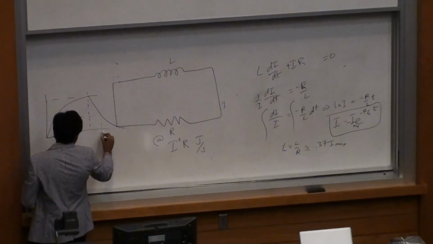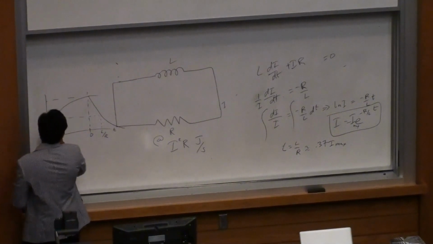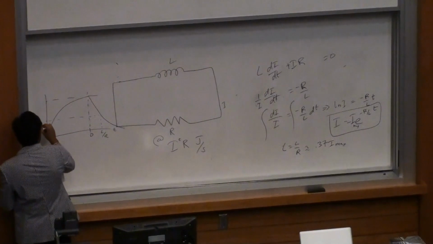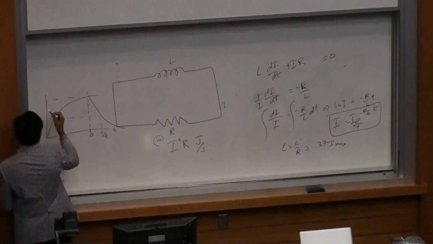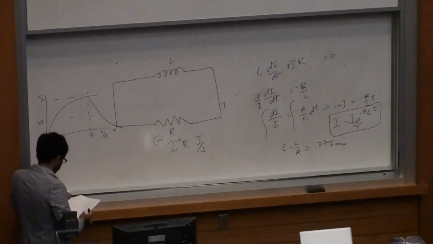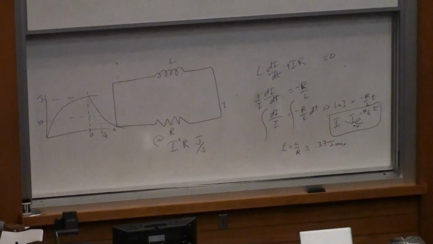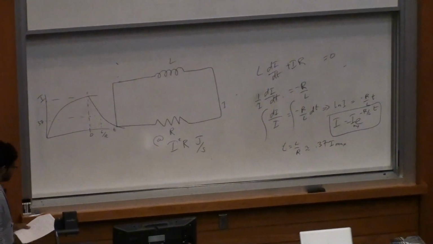If I'm looking at that, this is my L over R t, this is my 0, and this is 0.37 of I max. This is a consequence of the fact that the circuit can fight its own magnetic flux that it creates. Again, self-inductance, it's doing it to itself.